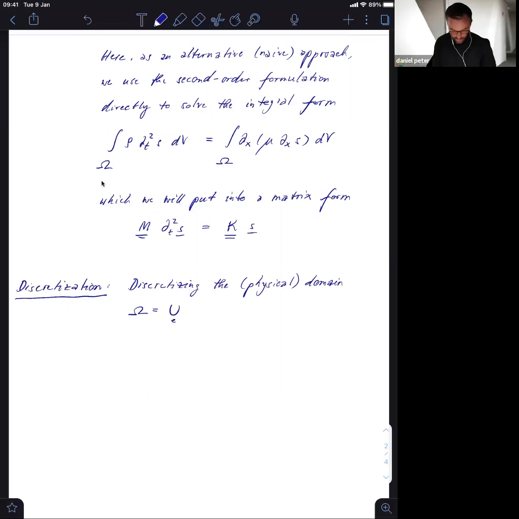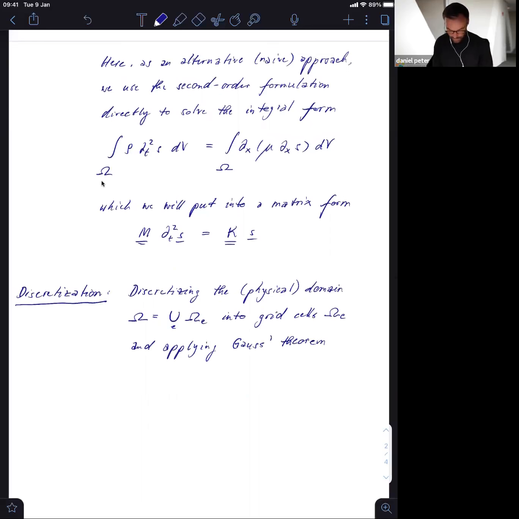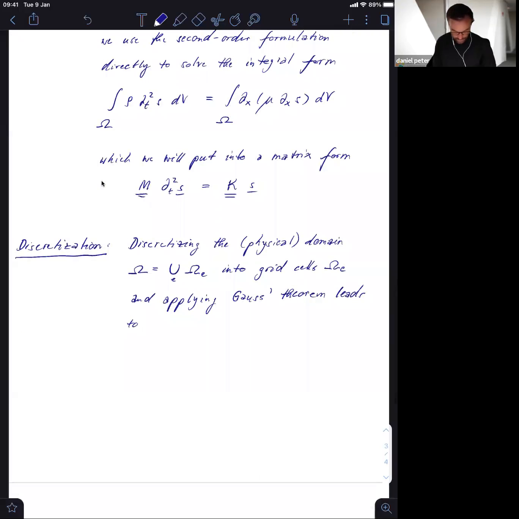So omega becomes this union of the grid cells omega E. And we apply Gauss theorem, which is one of the fundamental ingredients of the finite volume approach. So this leads to the following equation.